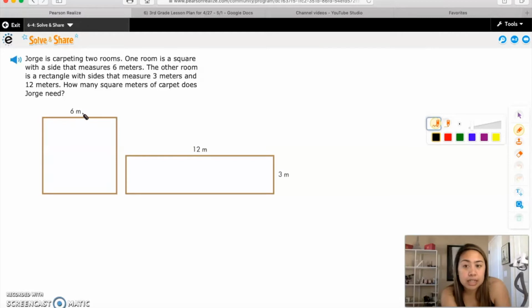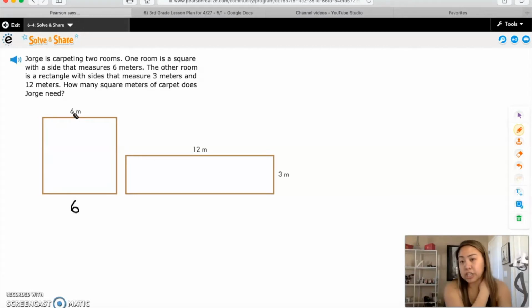So if this width is 6, the width on the other side is always going to be the same. So if this is 6, this is going to be 6. And since squares are the same length on each side, if this is 6 and this is 6, the length is also going to be 6. Because if you have a length that's bigger, then that's when it becomes a rectangle. So for a square, all the sides are always the same.